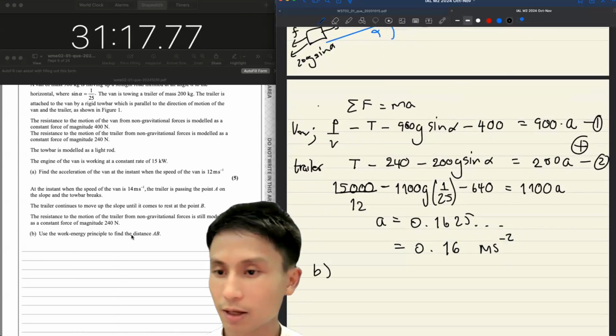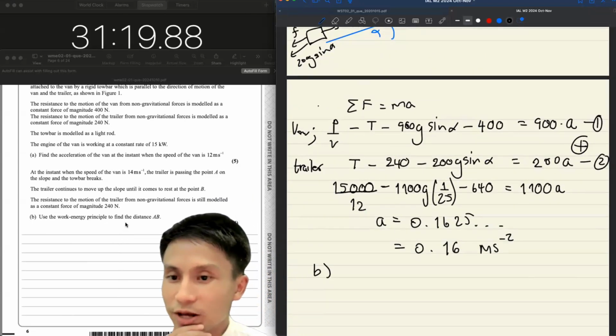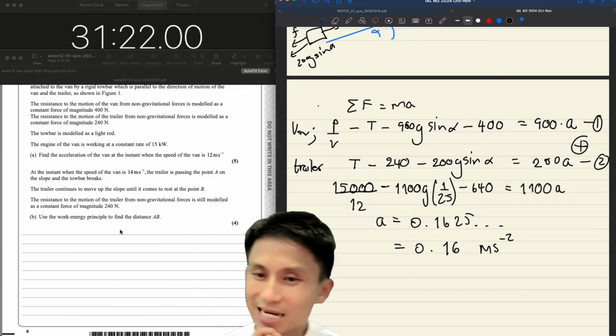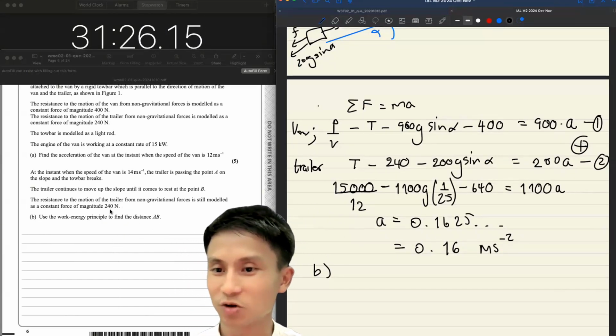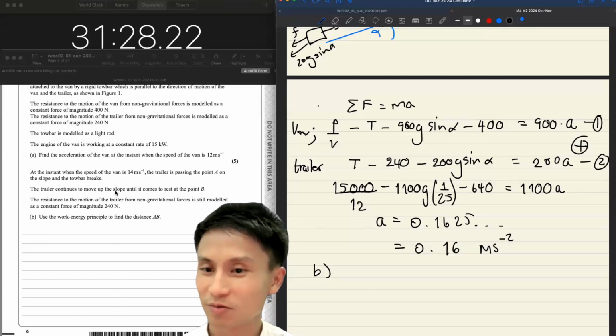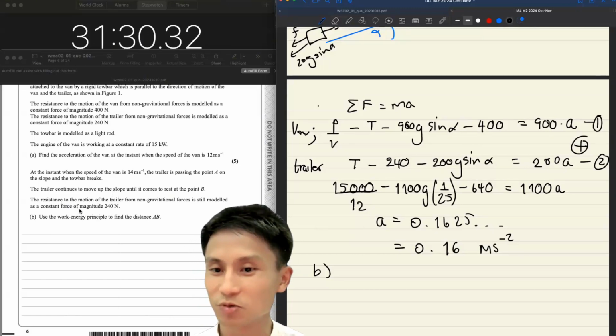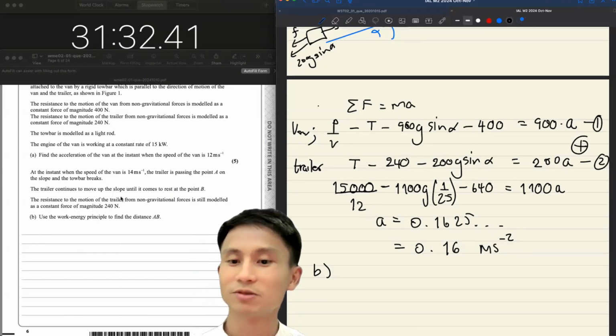And b: at the instant when the speed of the van is 14, the trailer is passing the point A on the slope and the tow bar breaks. Oh, poor guys. The trailer continues to move up the slope until it comes to rest.